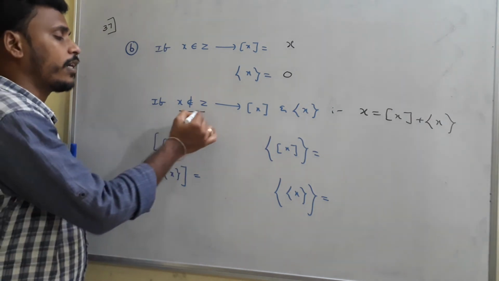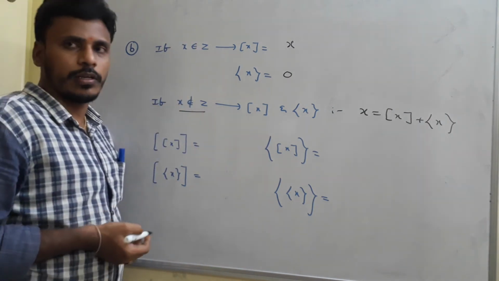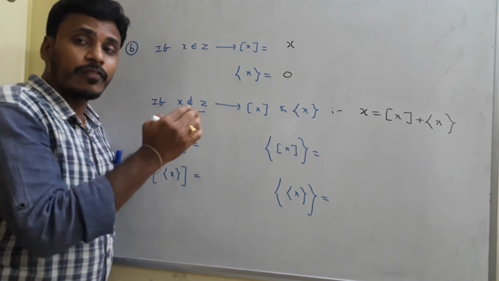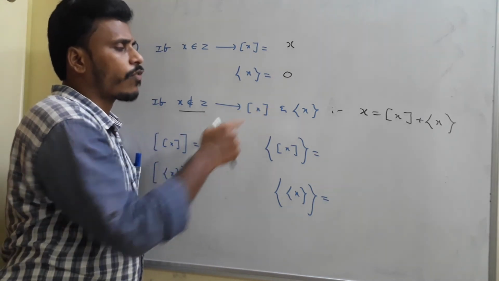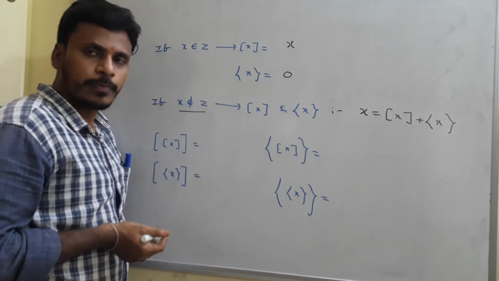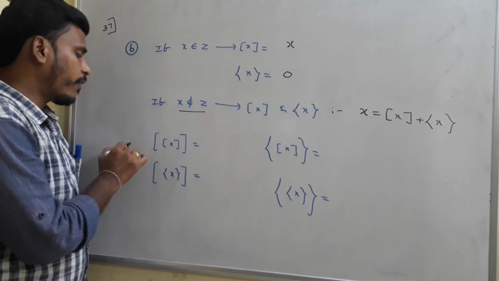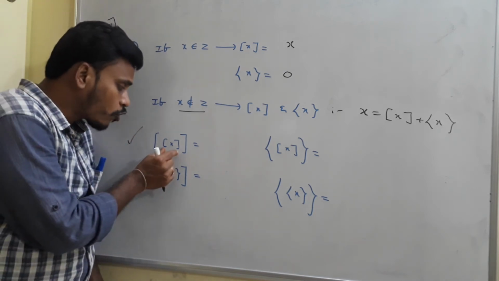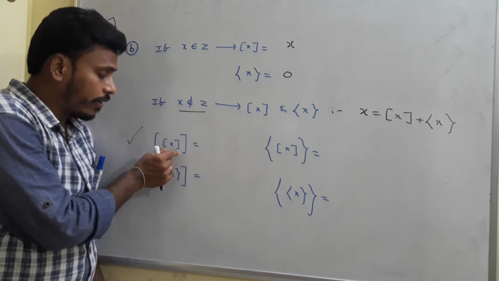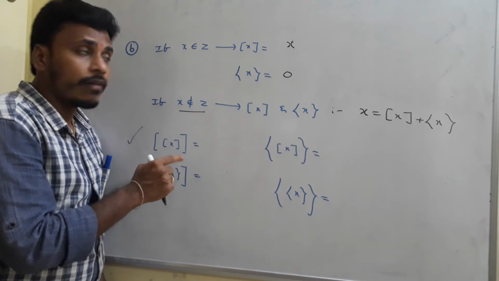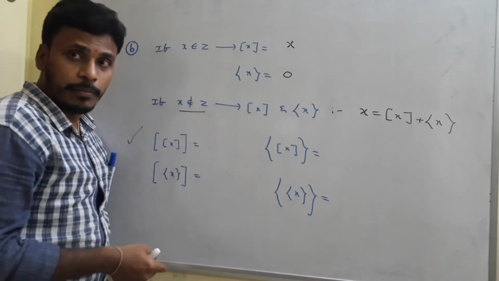If x is not an integer, directly deciding [x] and the fractional part of x is not possible, so just use that rule. And the next thing, [[x]]. Think about it: once you apply the greatest integer function to the inner [x], the value is an integer. Then if you apply it to an integer, the value is that number itself.